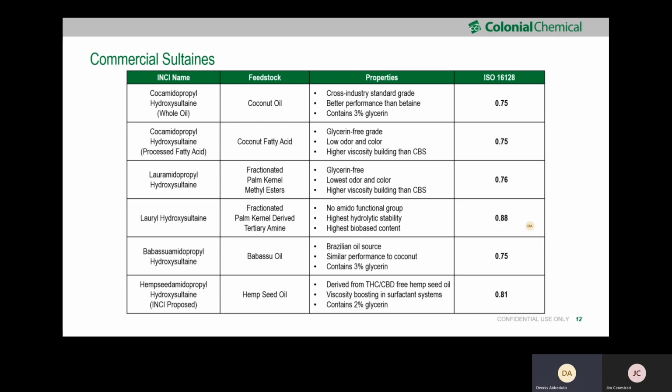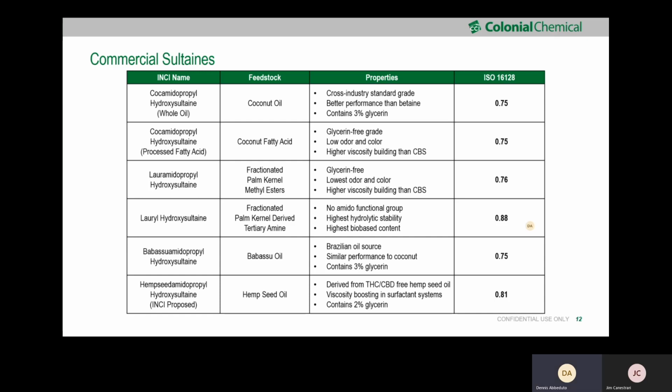These again would be glycerin free as we move down that oleochemical value chain, and because we've reduced the C8, C10 content, we have the potential for very efficient viscosity building. Because we don't have any unsaturated fatty acids, we typically have very low color and odor associated with these as well.